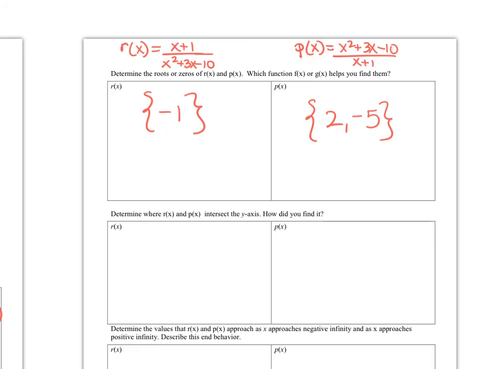Like we noticed here, negative 1 was our zero for f of x, and 2 and negative 5 were the roots of g of x. So if you look at your function, see if you notice anything yet about that.